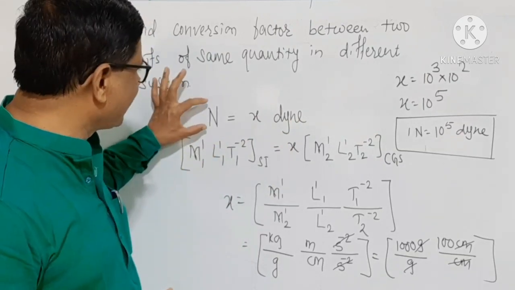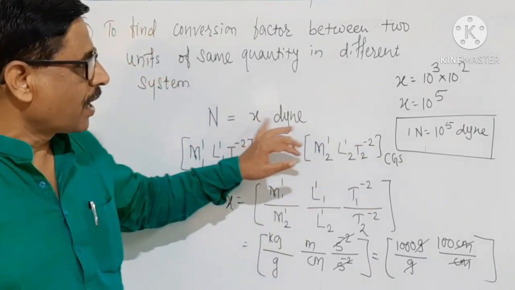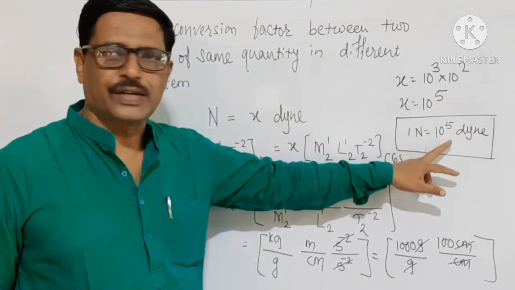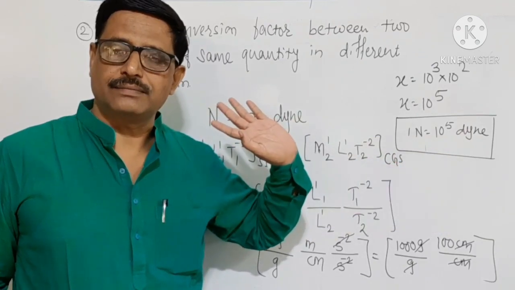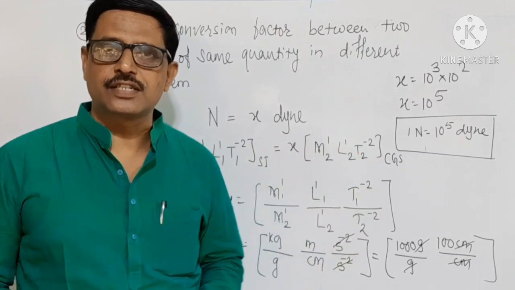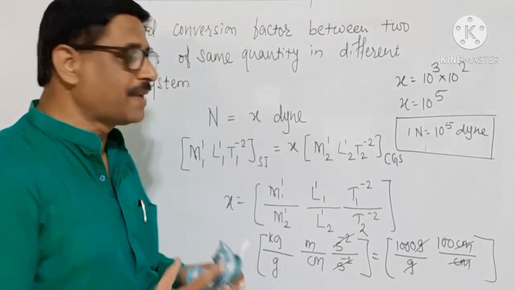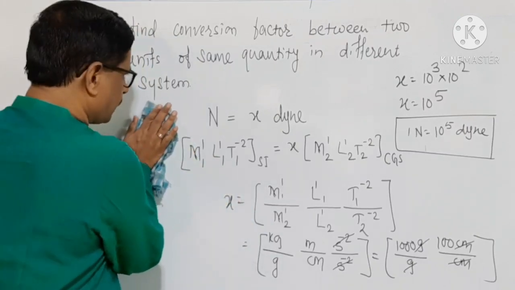Hence, 1 Newton is equal to 10 to the power of 5 dyne. In this way, dimensional analysis is used to obtain the conversion factor between the two units of the same quantity in different systems.